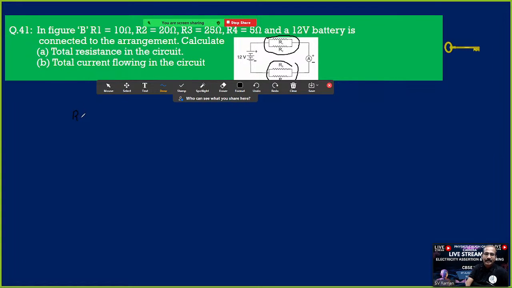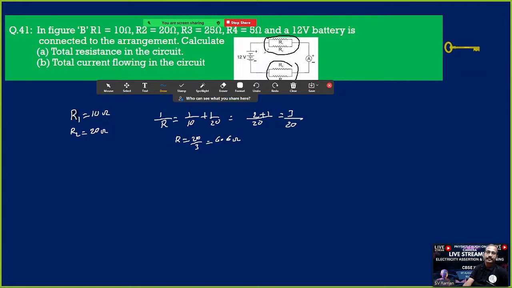R1 value they have given 10 ohms, R2 value 20 ohms. So both are in parallel. So 1 by R is equal to 1 by R1 plus 1 by R2, which is 2 plus 1 is equal to 3 by 20. So R is equal to 20 by 3, 6.6 ohms. That is the parallel combination. Again these two are also in parallel.